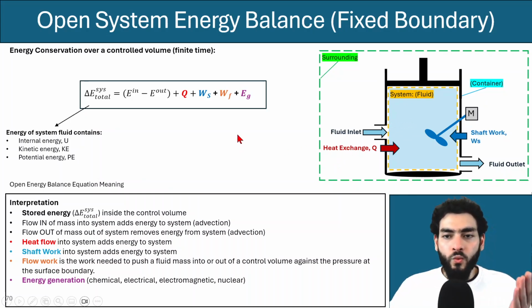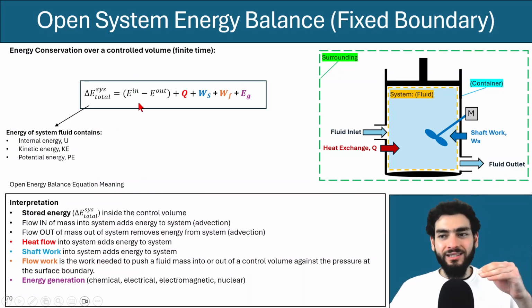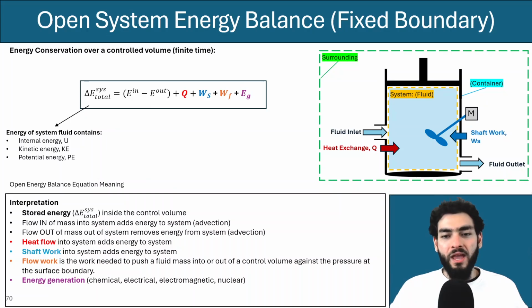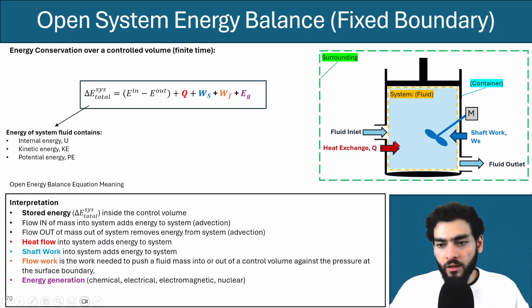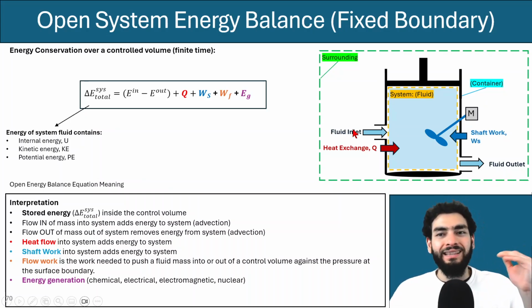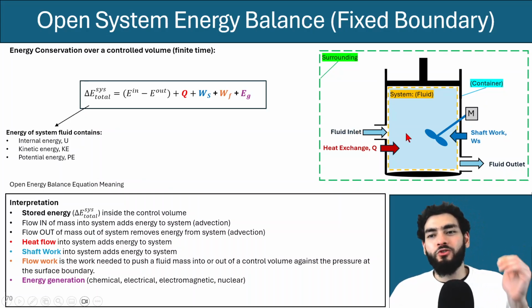Flow work is usually associated with mass that enters the system and mass that leaves the system, because it's essentially the work that you need to push a fluid mass into the control volume against the pressure at the surface boundary. Let's say you have air or liquid that you're trying to push into a pressurized tank.